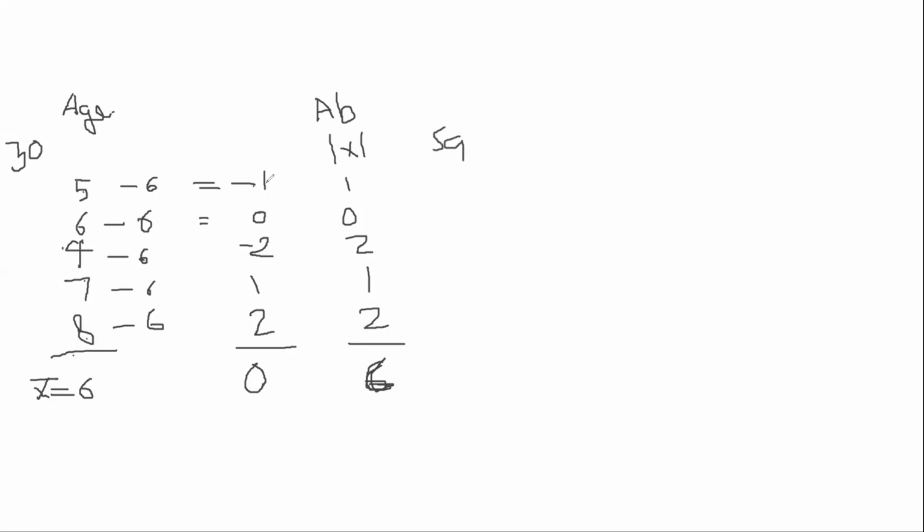Minus 1 squared, minus 1 into minus 1, is 1. 0 remains 0, minus 2 and minus 2 gives 4. Here 1 and 4. So we get 10. Okay.